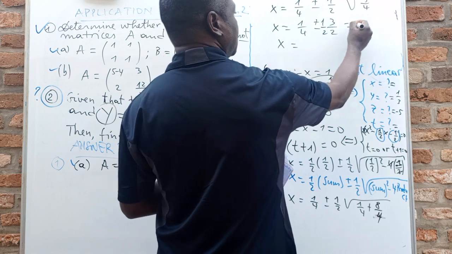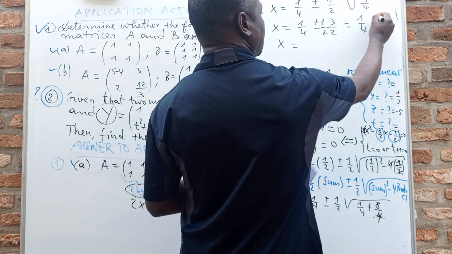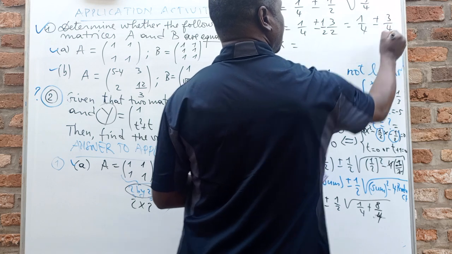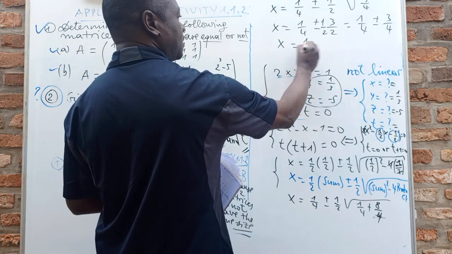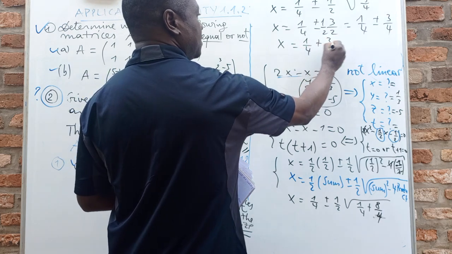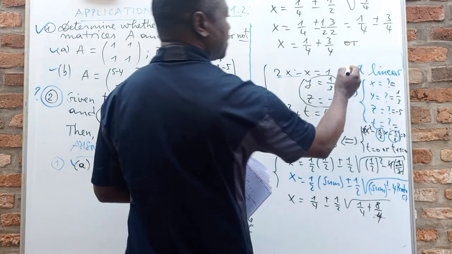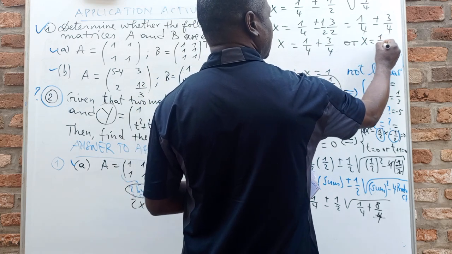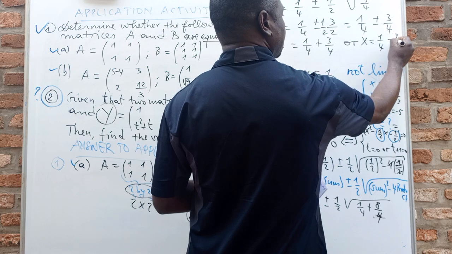So this will be 1 over 4 plus or minus 3 quarters. In that case, x is equal to a quarter plus 3 over 4, or x is equal to a quarter minus 3 over 4.